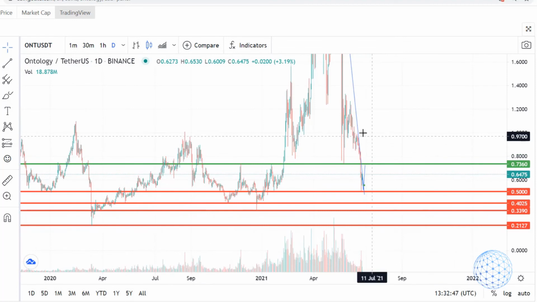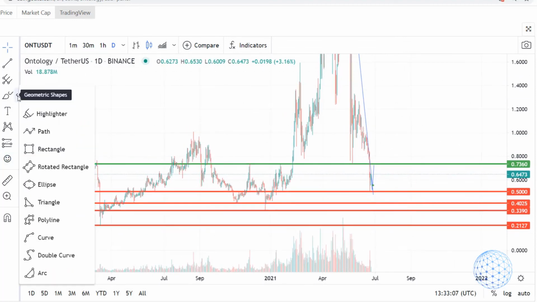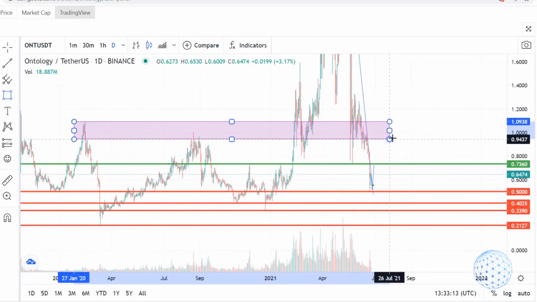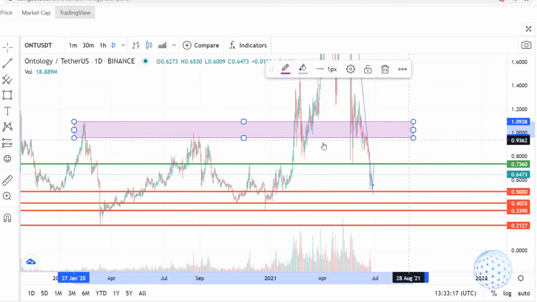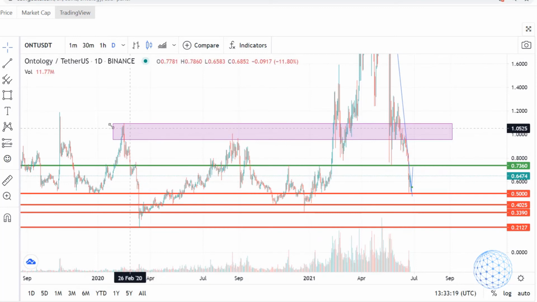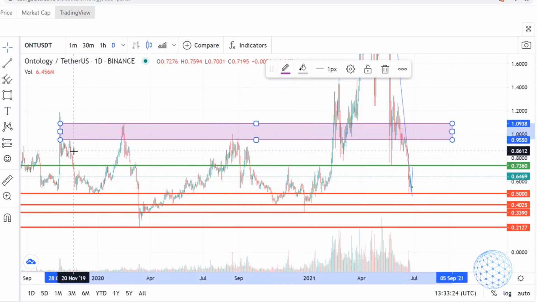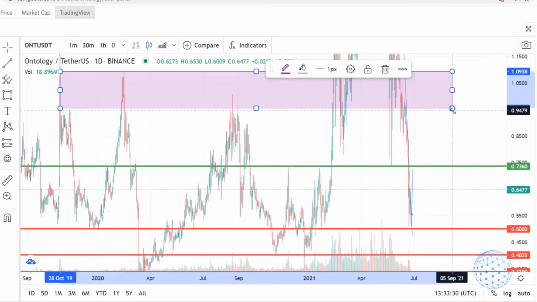One more time, I will zoom out the daily chart, and it is this zone over here. So I'll be taking one rectangle and I'll be drawing it right over here. Okay, so we have this zone. I will tell you why I call it a zone, because it's a few levels out there. So starting from the 95 cents, which is actually just below the $1, I will draw it precisely.